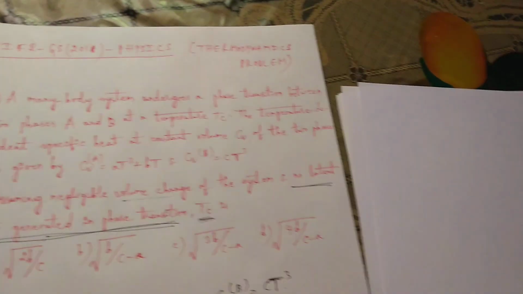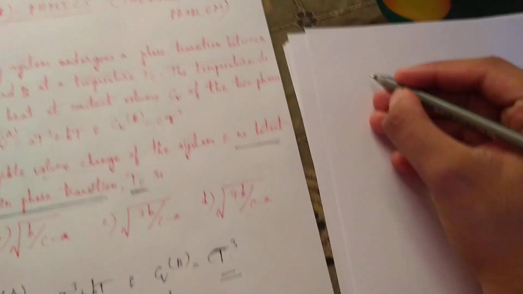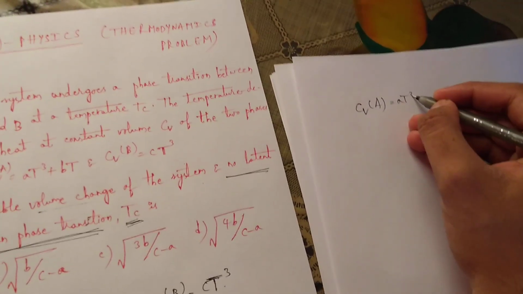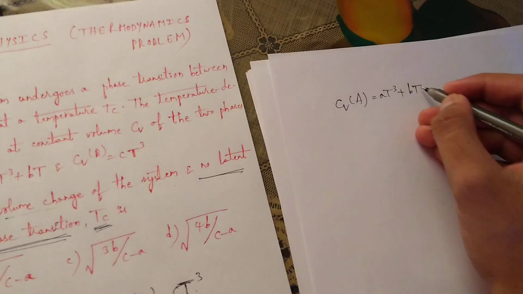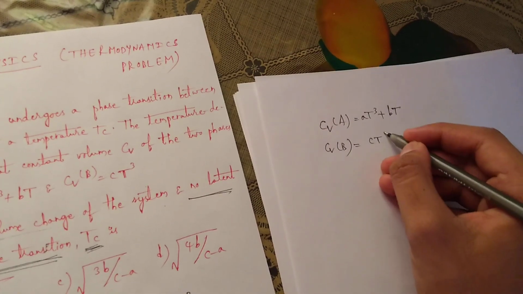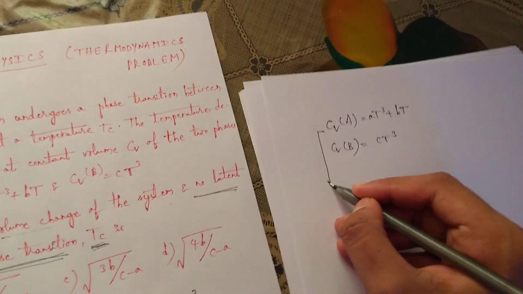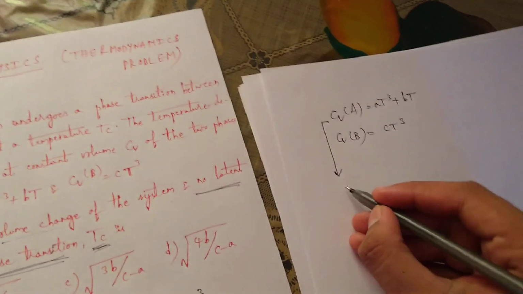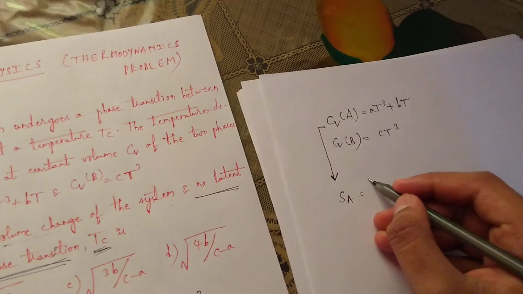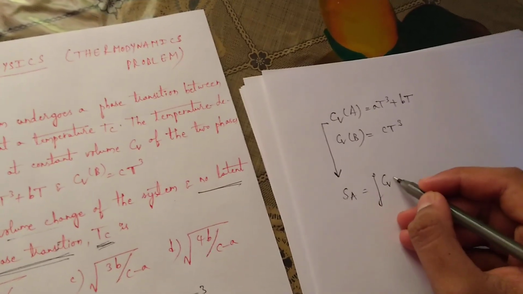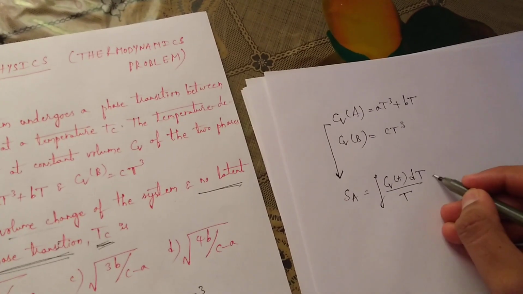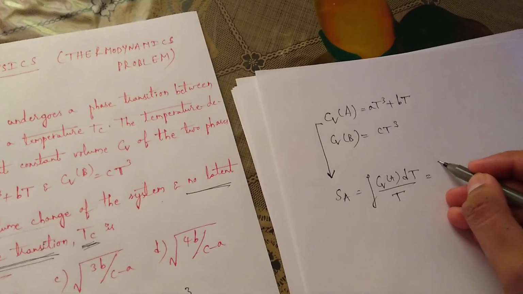And what is given? Cv of A equals A T cubed plus B T, and Cv of B equals C T cubed. This is the entropy for phase 1, and what are we going to do to find it? SA equals the integral of Cv of A dT divided by T, and we are going to substitute the Cv value.